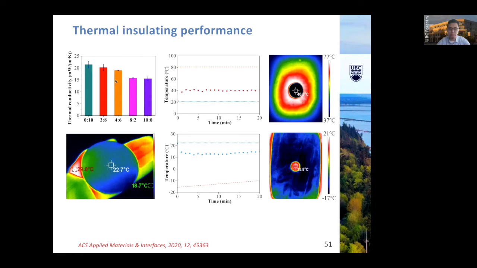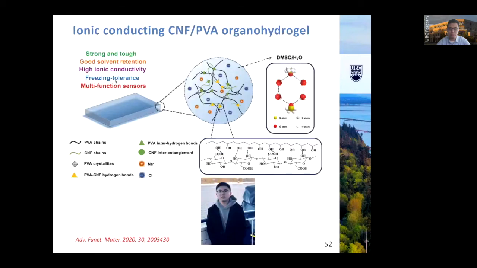by having those closed pores in there. So the last example I want to give you is the ionic conducting cellulose nanofiber PVA organohydrogel. This was done by my third year PhD student, Yuhang Ye. What we are doing here is incorporating the cellulose nanofiber into the polyvinyl alcohol hydrogel, forming a network structure between the PVA and the cellulose nanofiber chains.